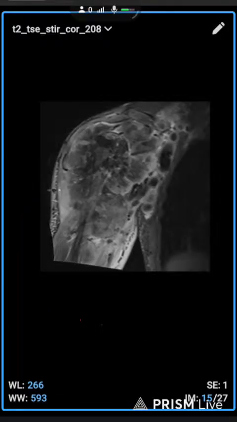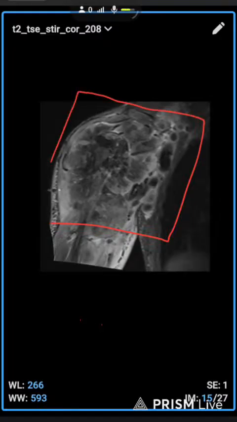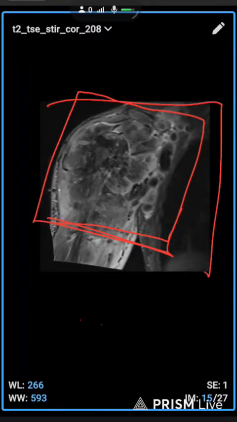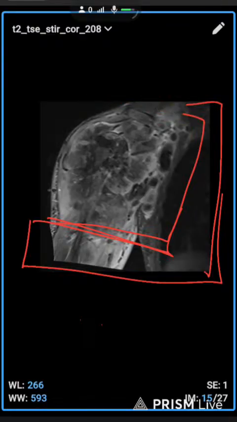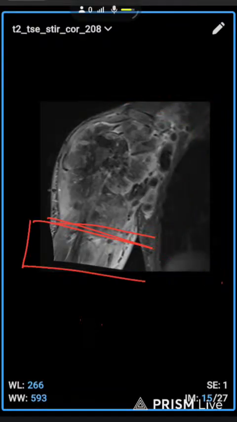Here you can see the shoulder joint FOV was a bit more, but you can see the FOV was increased according to the needs. Also the sequence changes according to the needs of the patient. So this is the scenario.